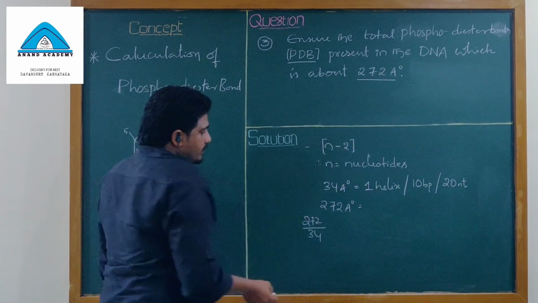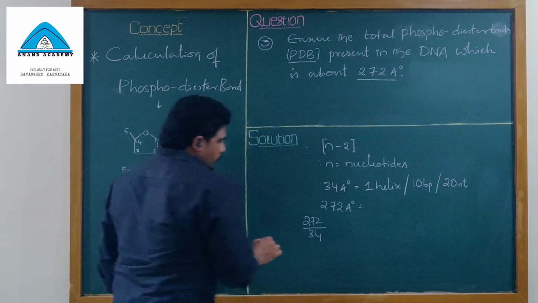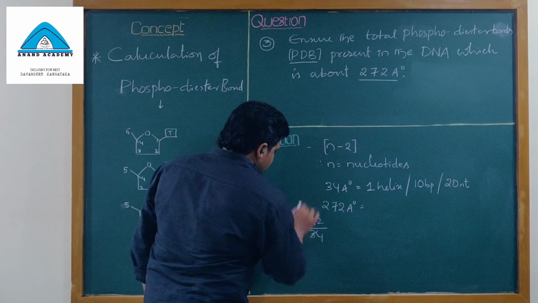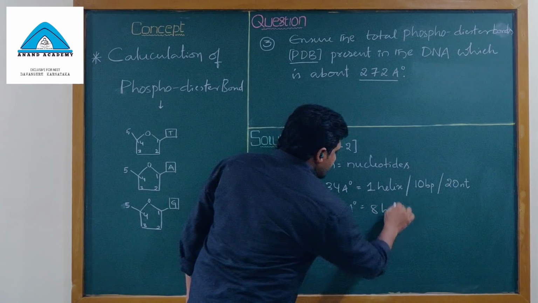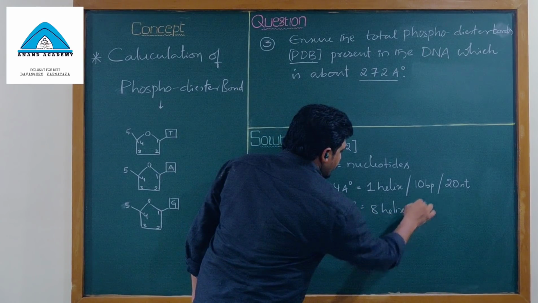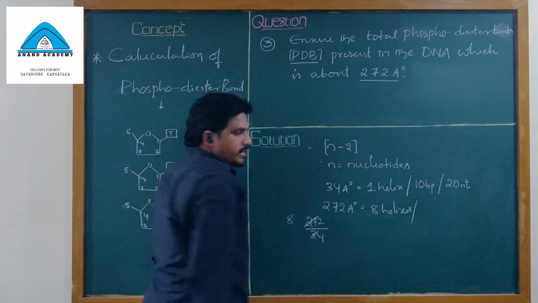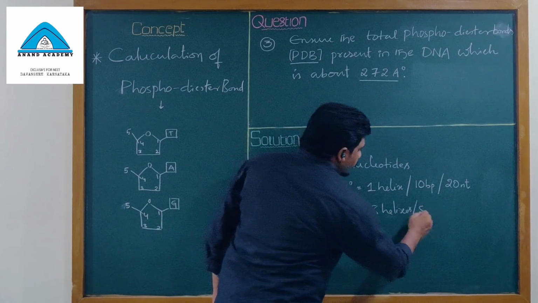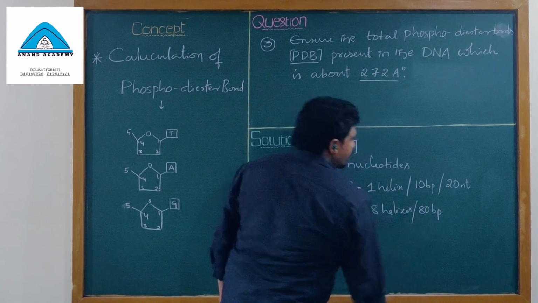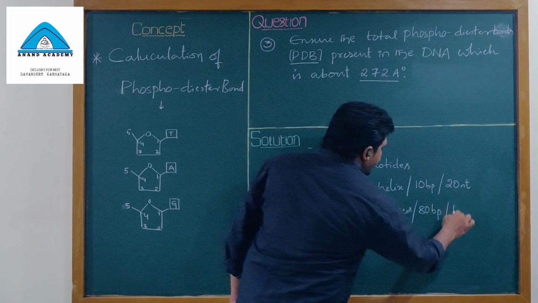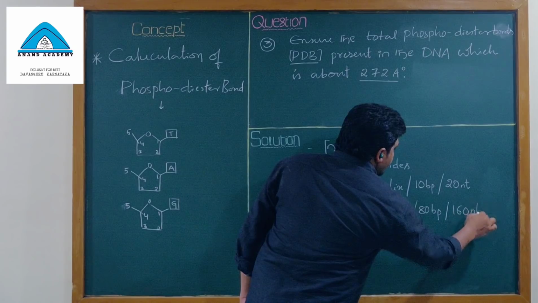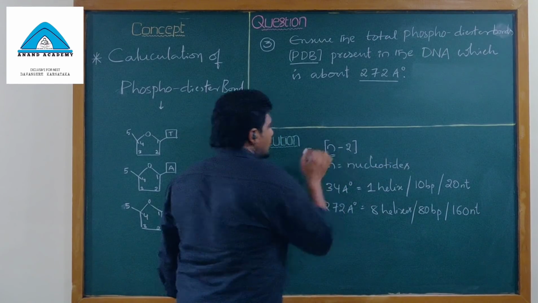But going by the helices, 4 8s are 272. So 8 helices. One helix is equal to 10 base pairs, then 8 helices is equal to 80 base pairs. 80 base pairs is equal to how many nucleotides? 160 nucleotides. So we can do the sum now.